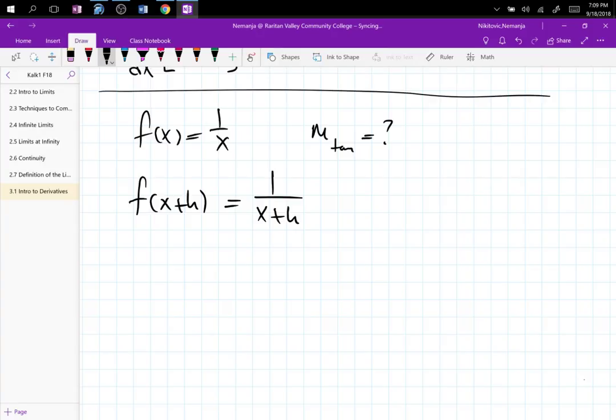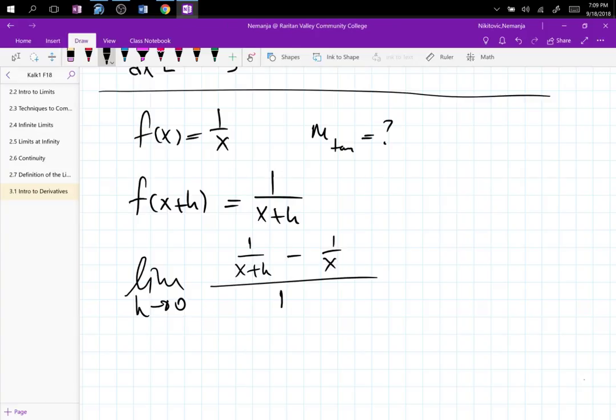Then we do the limit, h goes to 0, and here I have (1 over x plus h minus 1 over x) over h. If you compare this to the homework example, those x's were 5s, right? It's the same problem. Now we're doing the general problem, so those 5s could be 2s or pi's, whatever, doesn't matter.